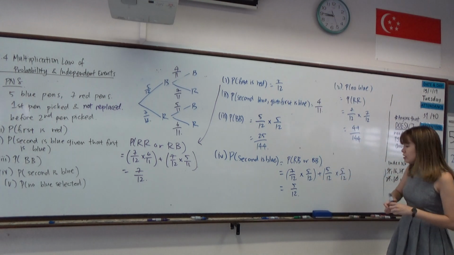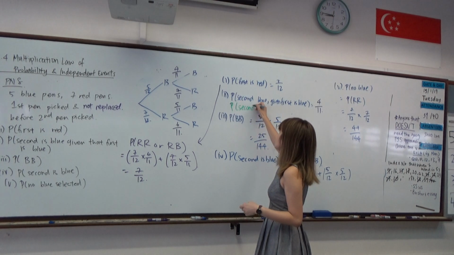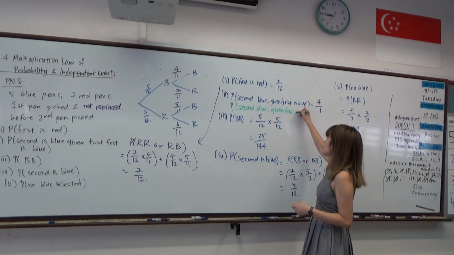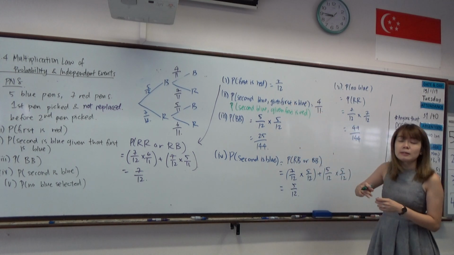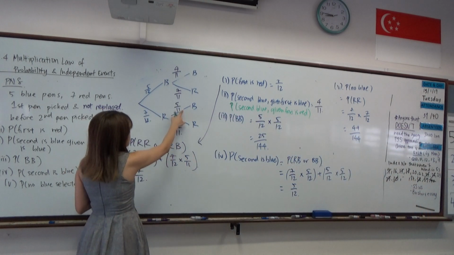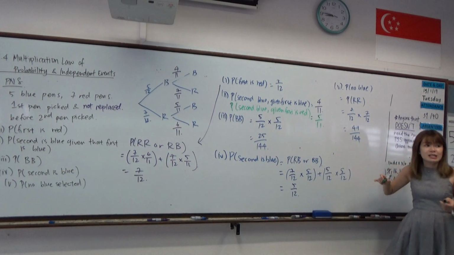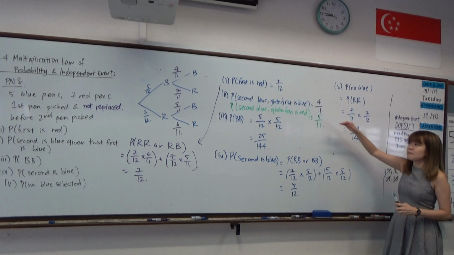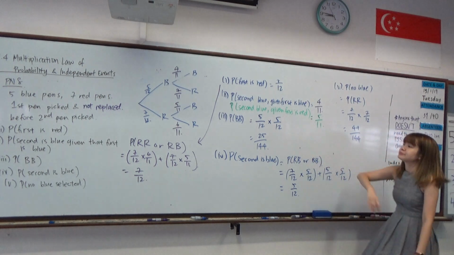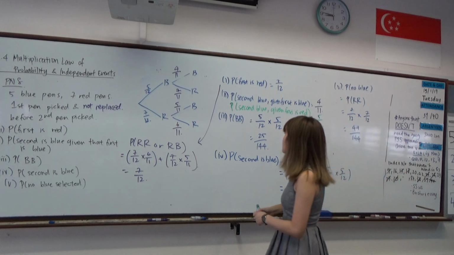But if I want to find the probability that the second is blue given that the first is actually red, these two probabilities will be different, because given that the first is red, second is blue, my answer will be 5 over 11. So it is different from how independent events work, because for independence, both of these probabilities will be the same. Correct?